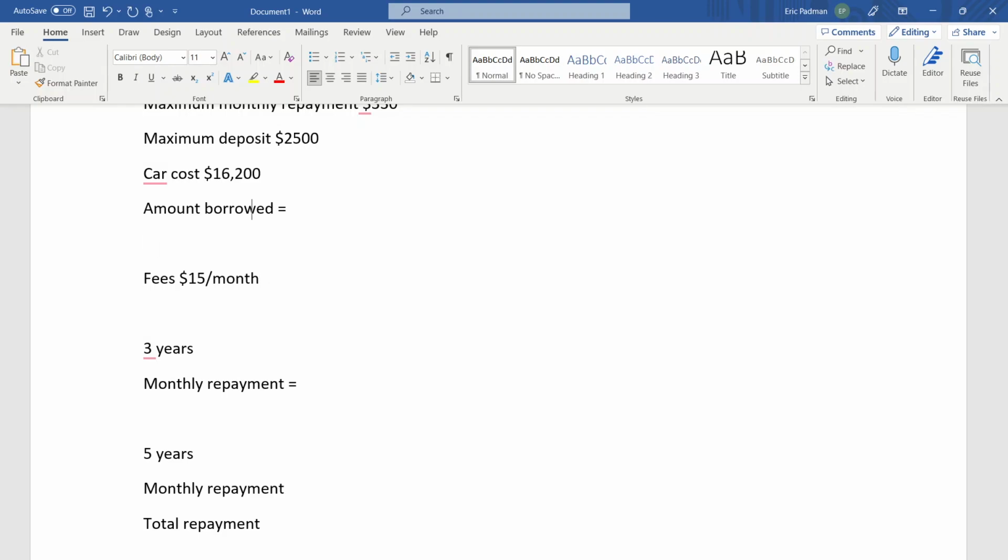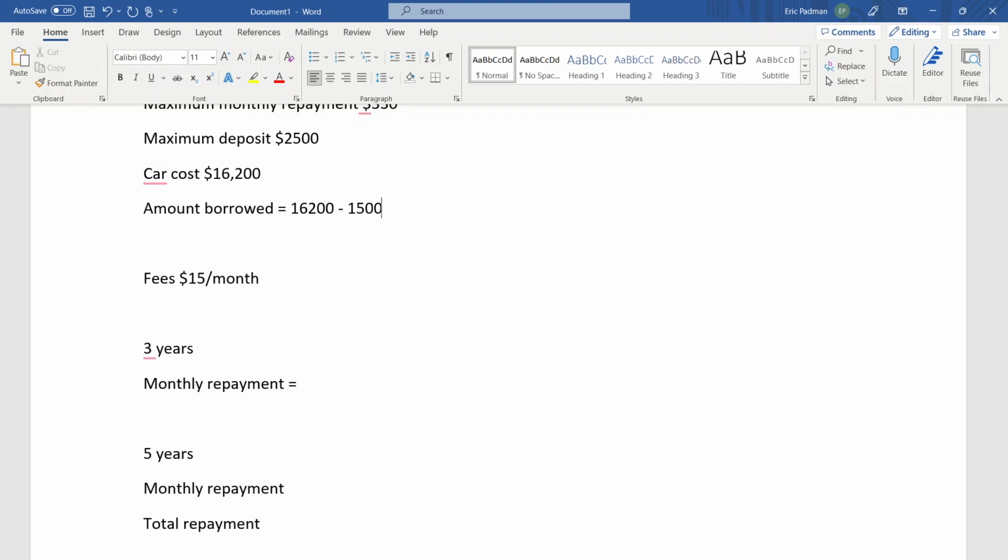All right. So the amount borrowed, my car is 16,200. I have a maximum deposit of 2,500. I'm not going to use all of that because I need to be thinking about things like insurance and on-road costs. So I might just take 1,500. So I'll do 16,200 minus 1,500.